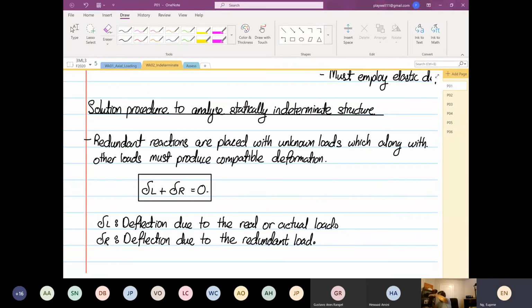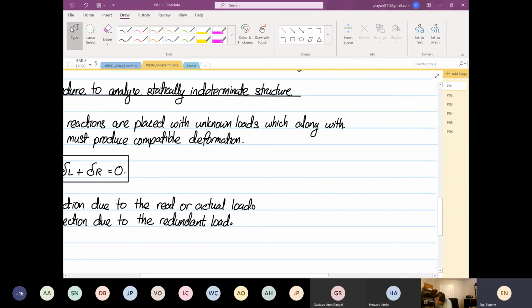So from here, always take note. Important thing to take note is that delta L and delta R are always opposite in direction.